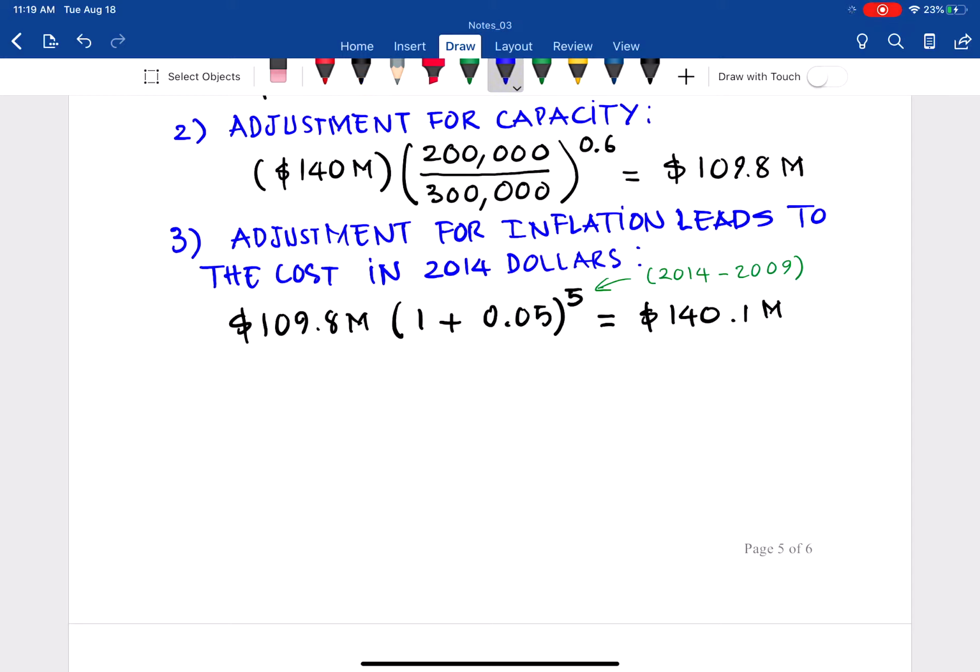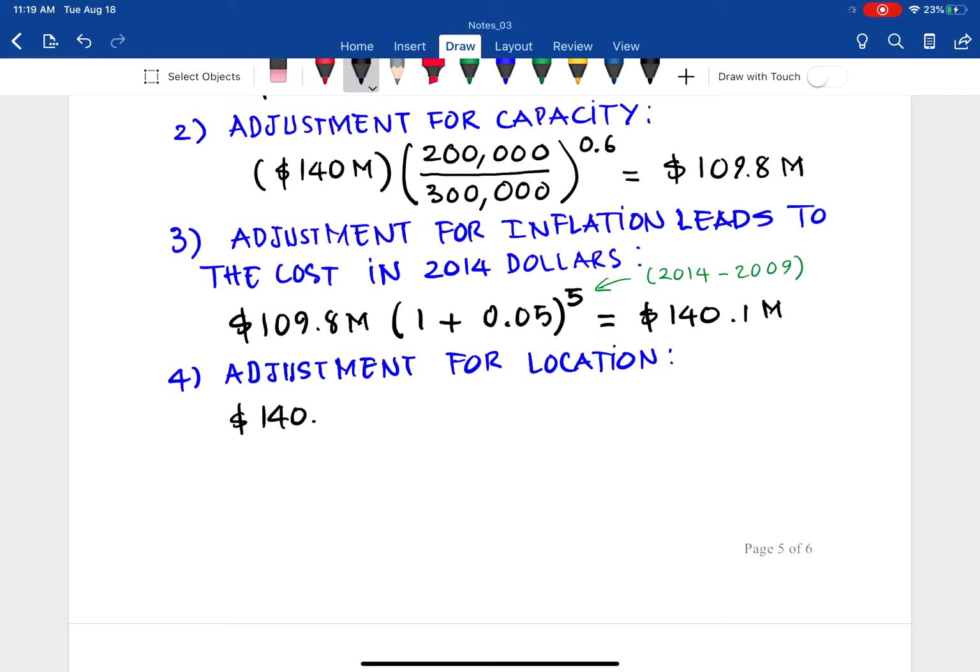And we have to adjust for the location, because we bring the project back to Northport, Florida. So adjustment for location: 140.1 million.